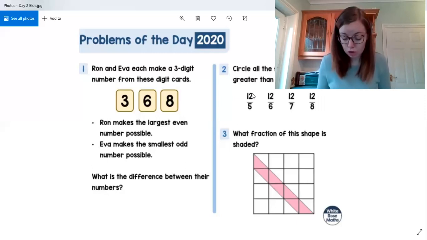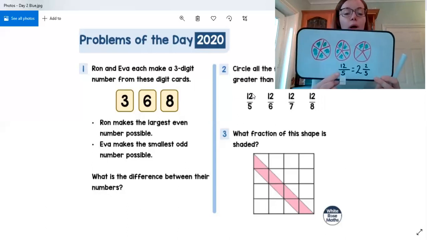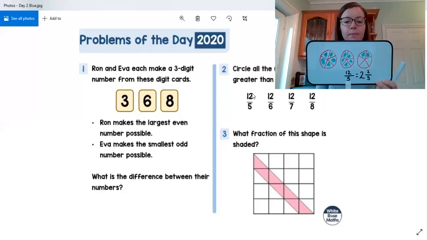So I have got 2 whole pizzas, 2 wholes or 2 units. Then I have 2 out of 5 slices eaten on the 3rd. So 12 fifths is the same as 2 and 2 fifths.